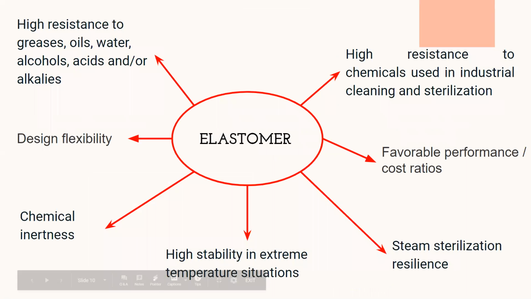So why do we use elastomer to build the machine elements? It is because elastomer has high resistance to greases, oils, water, alcohol, acids, and alkalis. Besides, it is flexible in design, so we can build various shapes by using elastomer rather than metals or anything else.